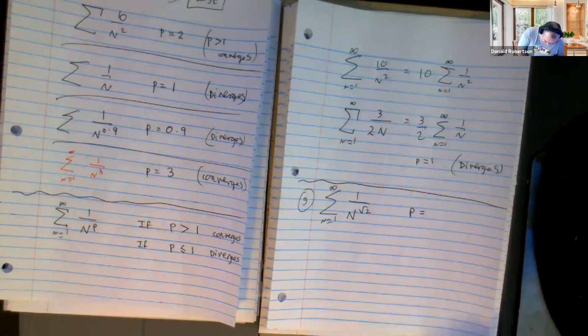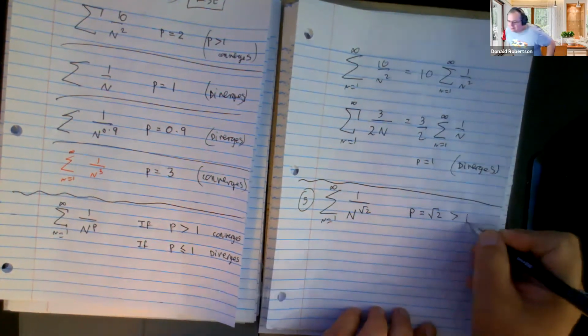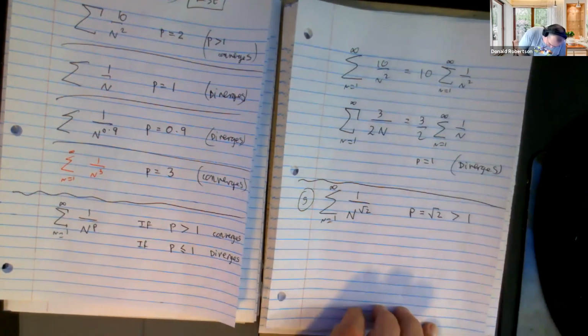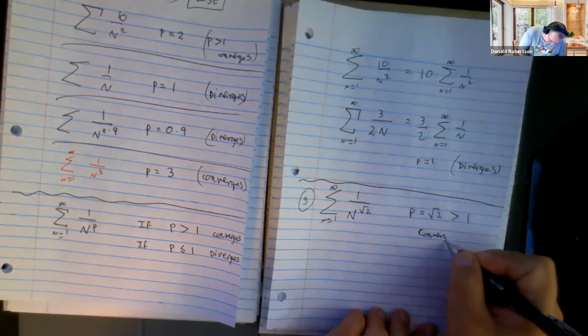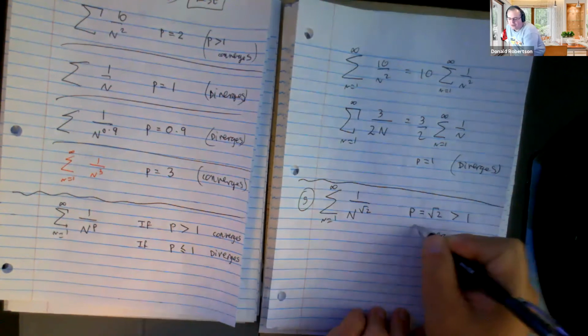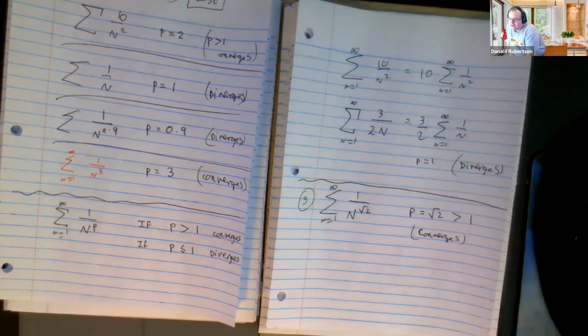Wait a minute, isn't that bigger than 1? So answer, converges. Do you see how easy your working is going to be in a test for that one? Do you really want to integrate 1 over x to the power of square root of 2? No, nobody wants to do the integral test, me included. So thank goodness I don't need them.